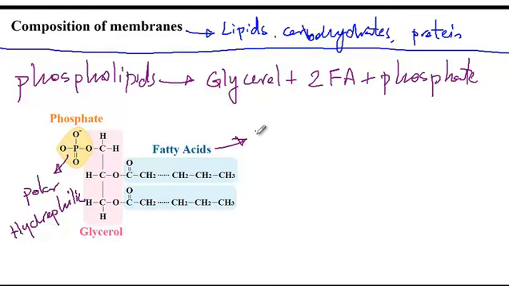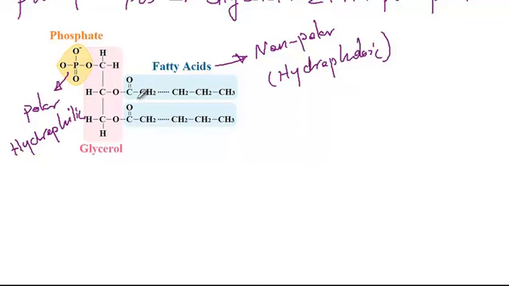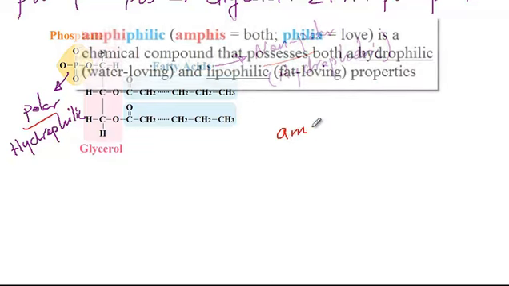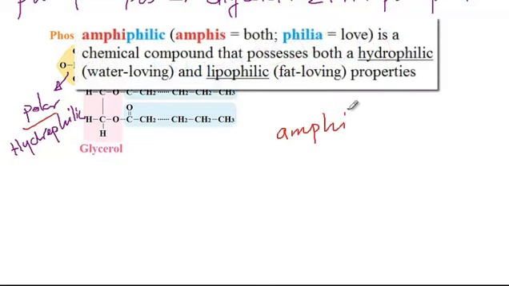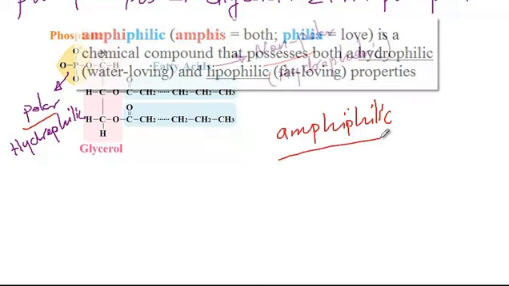This one is nonpolar and would be hydrophobic. Now, because of the structure of phospholipids that contains both a polar head and a nonpolar tail, it's referred to as amphiphilic, or dual loving, because this molecule contains both a charged and a non-charged area.